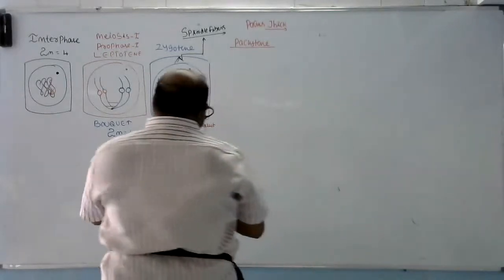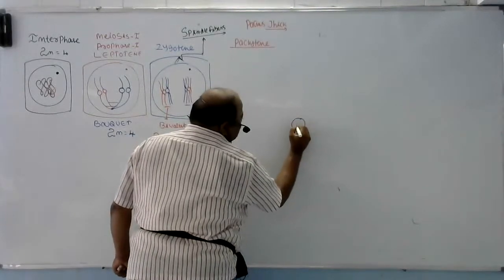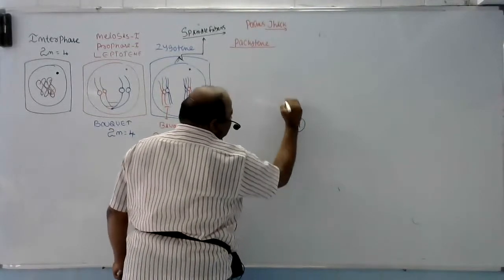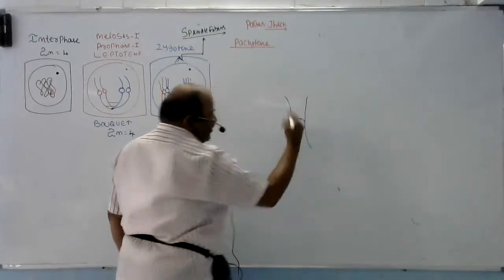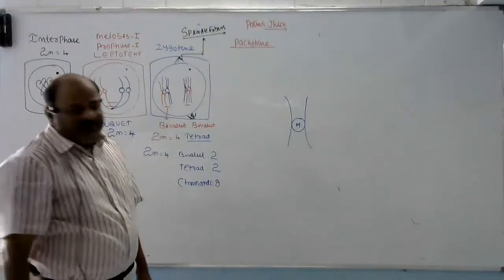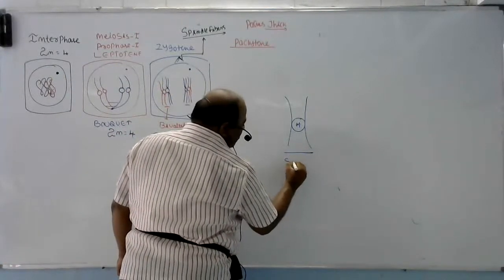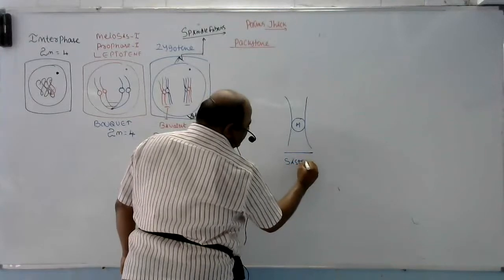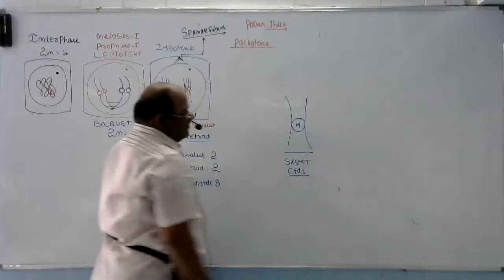Listen very carefully. This is the final point. Later on we will sketch the diagram. Now this is the homologous maternal chromosome. It has 2 chromatids. These 2 chromatids are called sister chromatids.